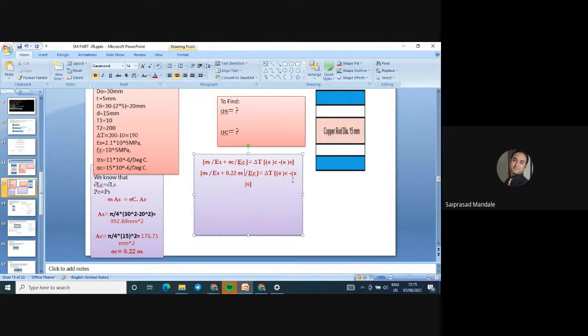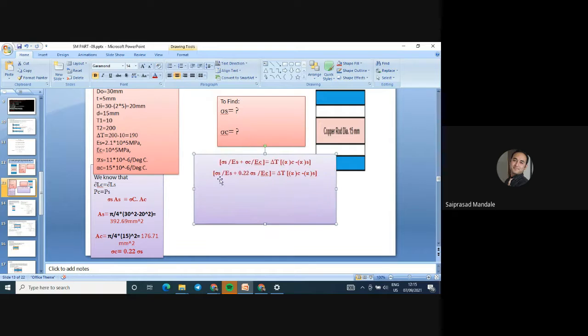And one more thing, what is the value of sigma s? Sigma s is equal to 2.1 into 10 raised to 5. Okay. Then delta t. What is delta t? 190, we have just calculated.